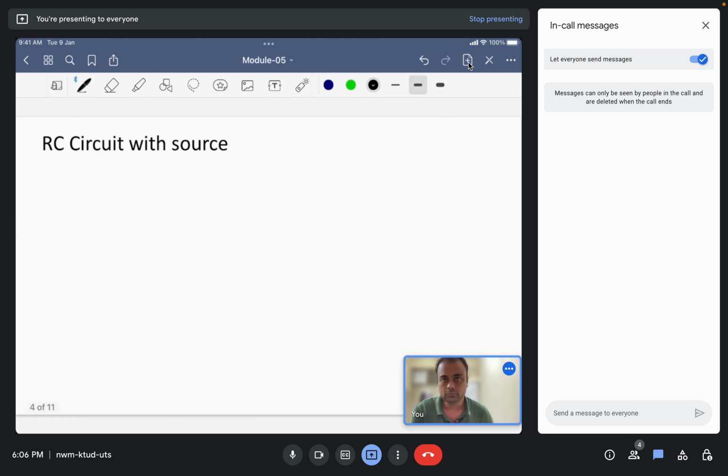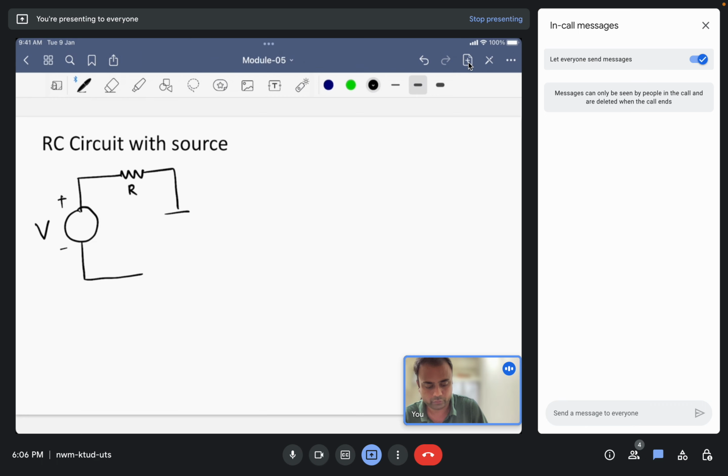Now suppose we have a source connected here, so I'll draw the circuit quickly. We have a source of voltage V, and the polarities are given as below, and there is a resistor R connected across the source along with a capacitor C. Again in this case we can denote the voltage across the capacitor as Vc(t). There are two cases here.